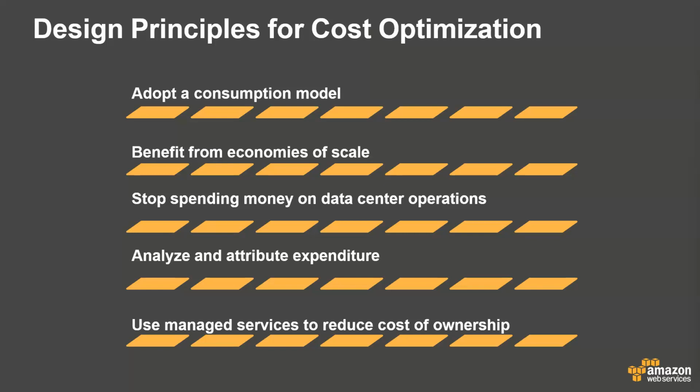We can have, let's say, 6 virtual servers on one physical server. So this means that you're going to save cost when you use AWS, because 6 of you are operating on one physical server, rather than you having to purchase your own physical server. So that's economy of scale.